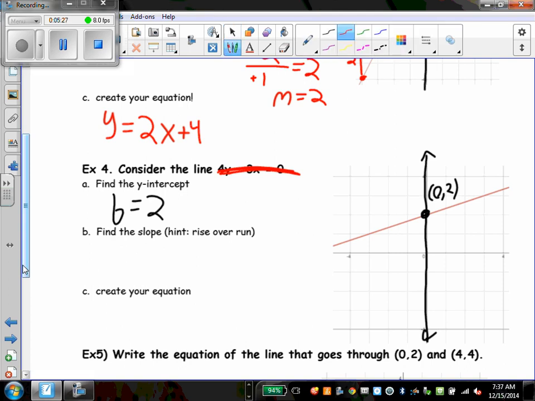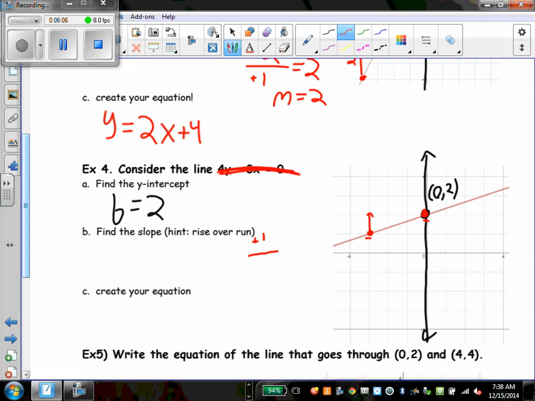Now, we're going to look for 2 points that are pretty easy to read. Ones that are on intersections between the axes, or between lines is good. So, that's a good one. And actually, our intercept is also a good one. So, we're going to use those. And then what we're going to do is we're going to start at this point, and we're going to get to this point. Remember, usually we want to try going up or down first, and then to the right. So, to get to that point, what has to happen? Let me make my fraction here as well. Well, the first thing that we need to do is we go up 1.